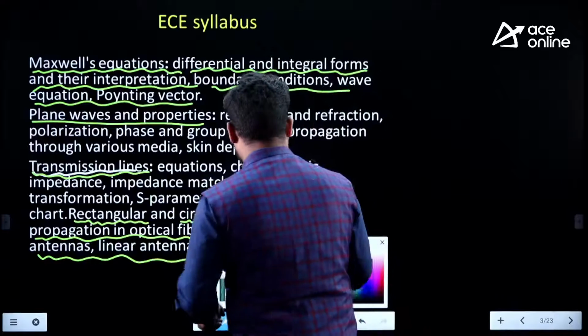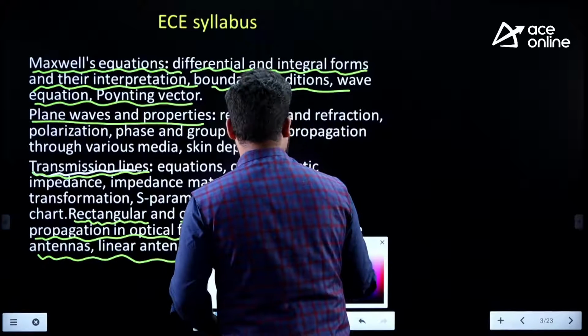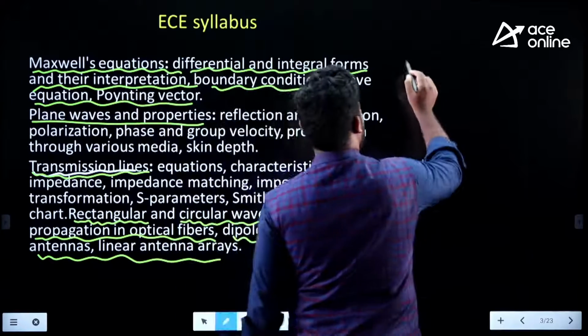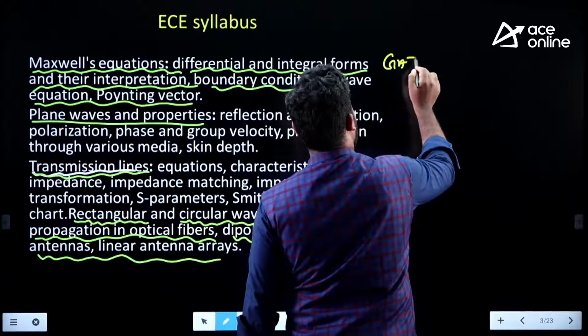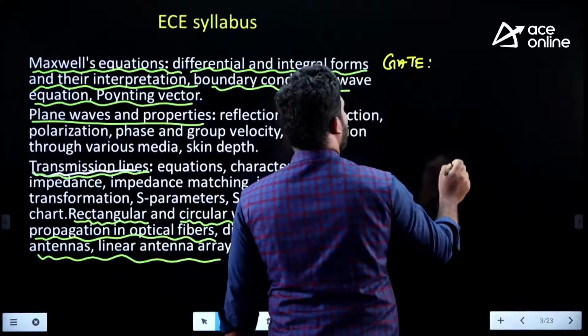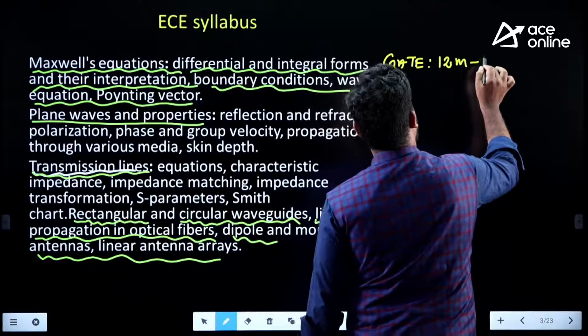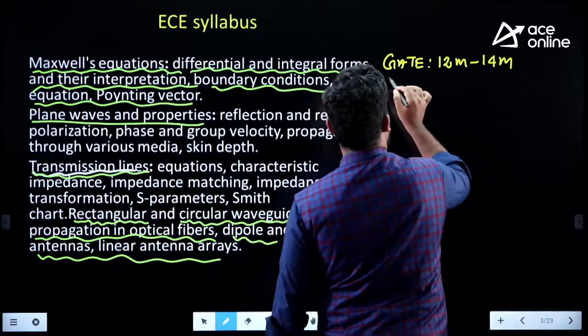Fine. Let us have some observations on the weightage given for this subject in the different competitive exams. For the GATE exam, it is just average. In the GATE exam, a minimum of 12 to a maximum of 14 marks are expected.